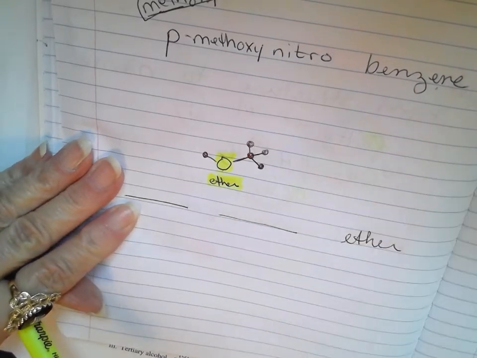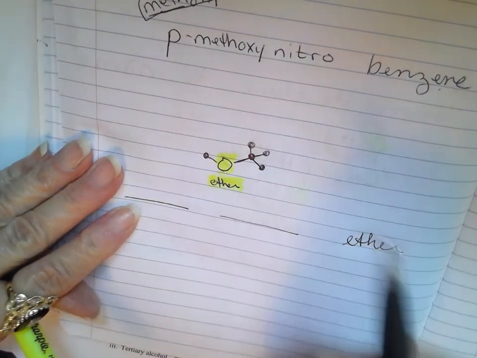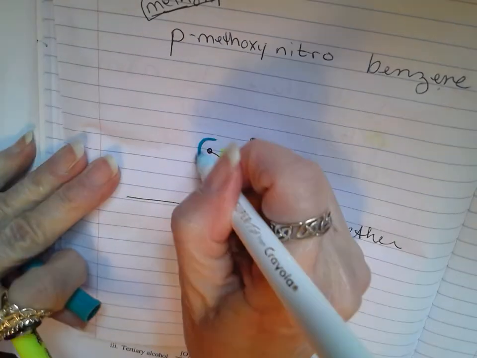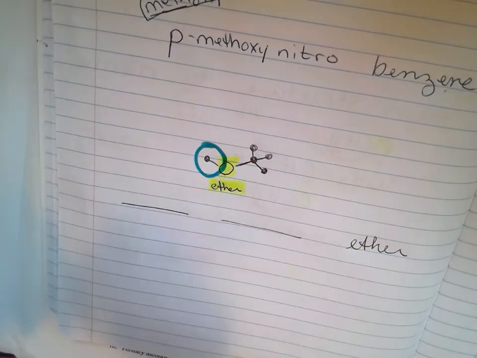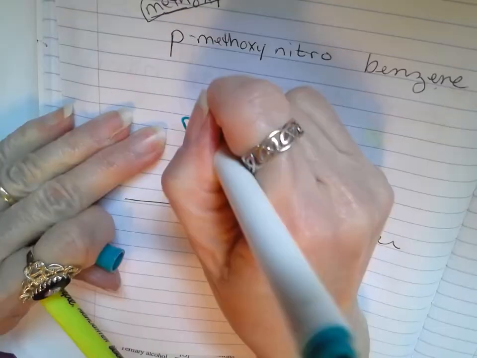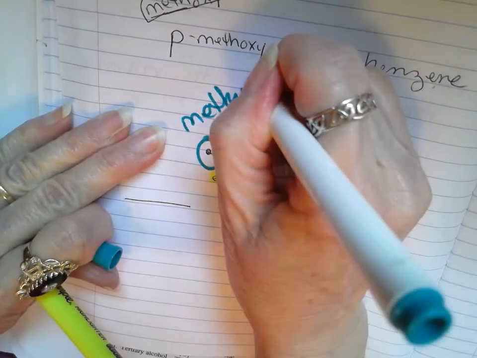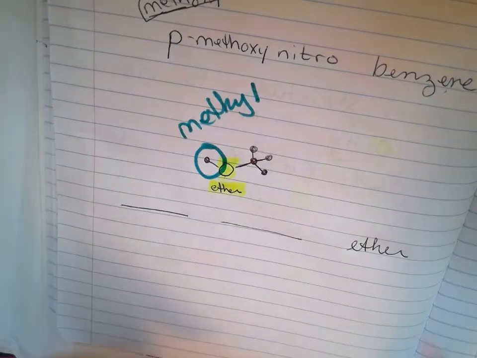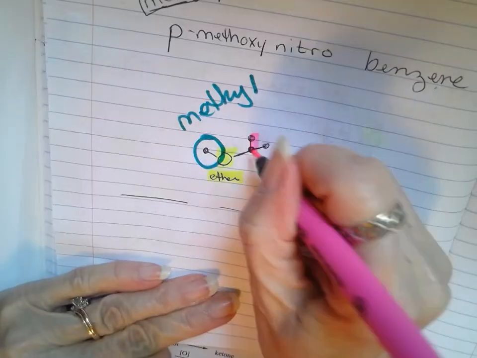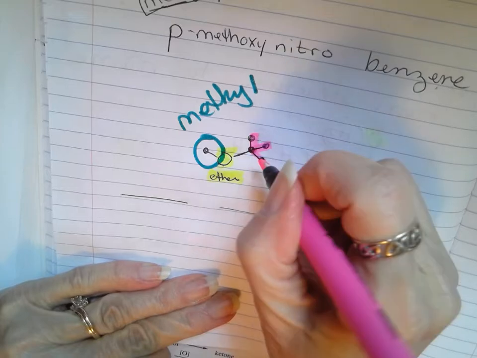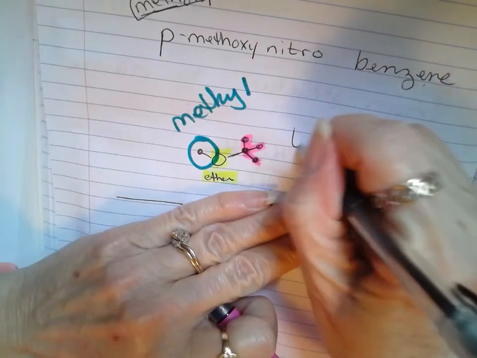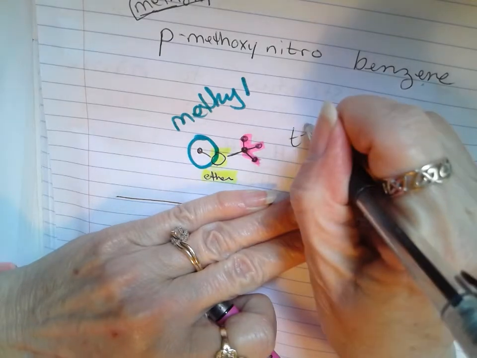On this side over here, I've got a methyl group. So methyl. Then over here on this side, I've got my 4 carbons, and remember, this is a tert-butyl group, a t-butyl. That's a t-butyl group.